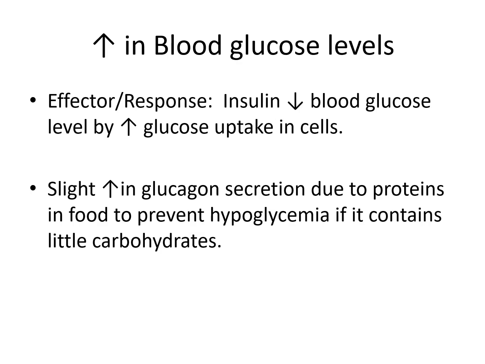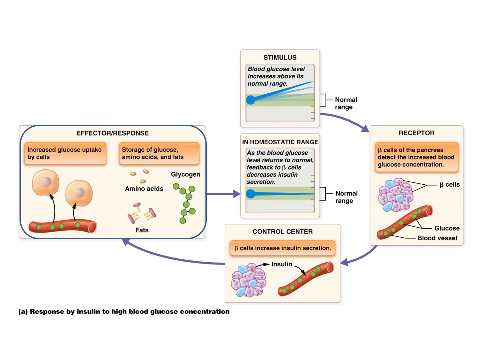The effect is that insulin will decrease blood glucose levels by increasing glucose uptake in the cells. Sometimes there may be a slight increase in glucagon secretion due to proteins in the food, to prevent hypoglycemia if it contains low carbohydrates. We'll mention some of this when we cover the digestive system. So the effect is an increase in glucose uptake by the cells.